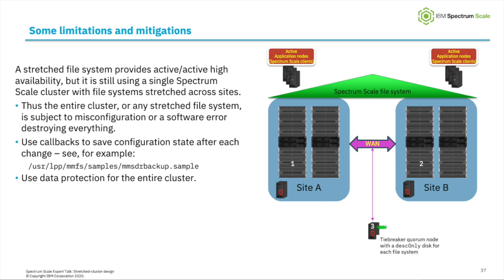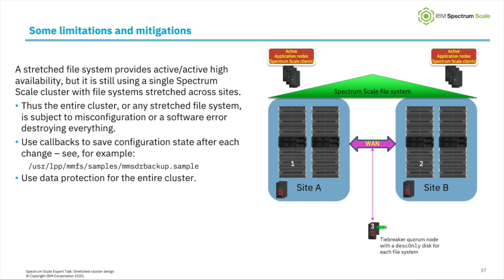You could use callbacks to save the cluster configuration each time it changes, and that can help to roll it back if needed. And secondly, if Spectrum Scale had a serious software error, that could propagate corruption, or someone might delete files and they'll be deleted at both sides.